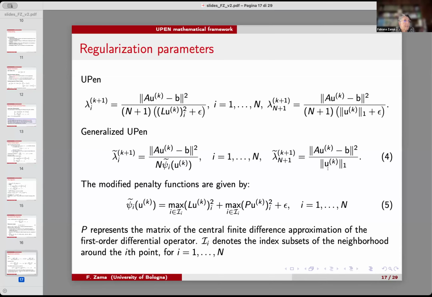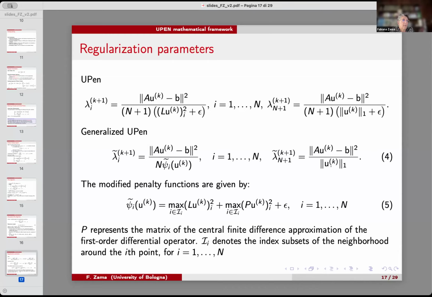As you can see here, we don't use this epsilon because we don't actually need it. The one norm of the solution is different from zero, provided that at least one of the terms is different from zero. And this is the mathematical setting that is behind the software.